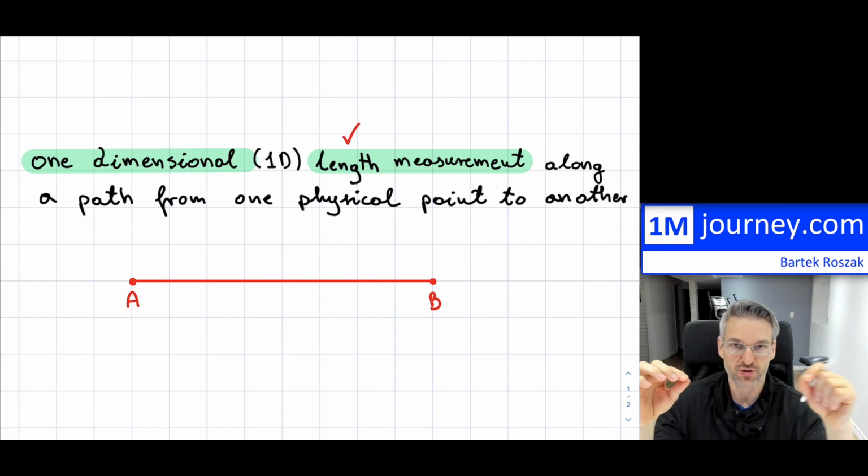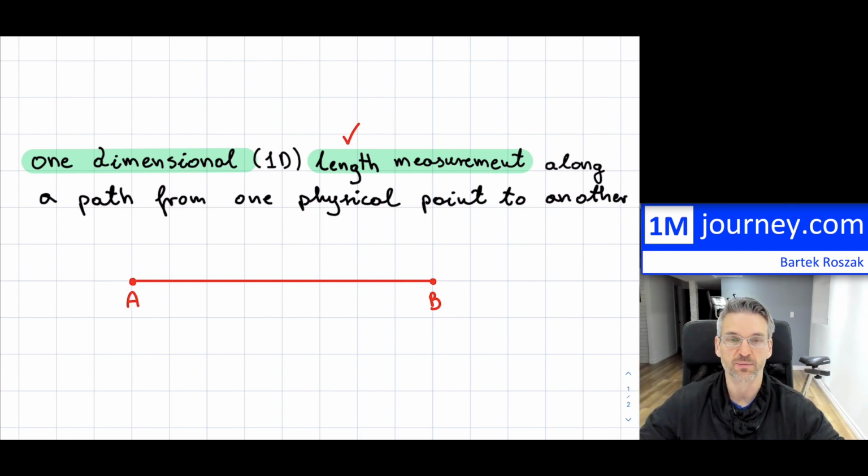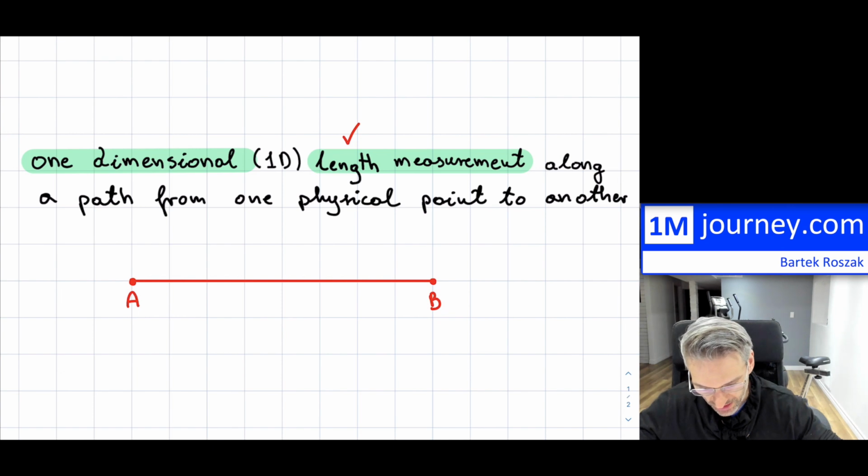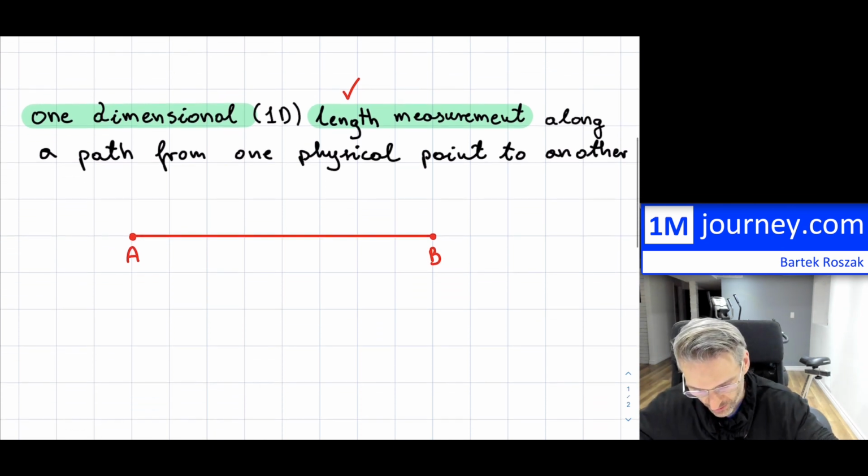Now I took a straight line path from A to B, and the physical points were the actual points of A and B on the piece of paper. Those physical points can be something completely different, not just a straight line. So you can think of various kinds of distances that you might run into.